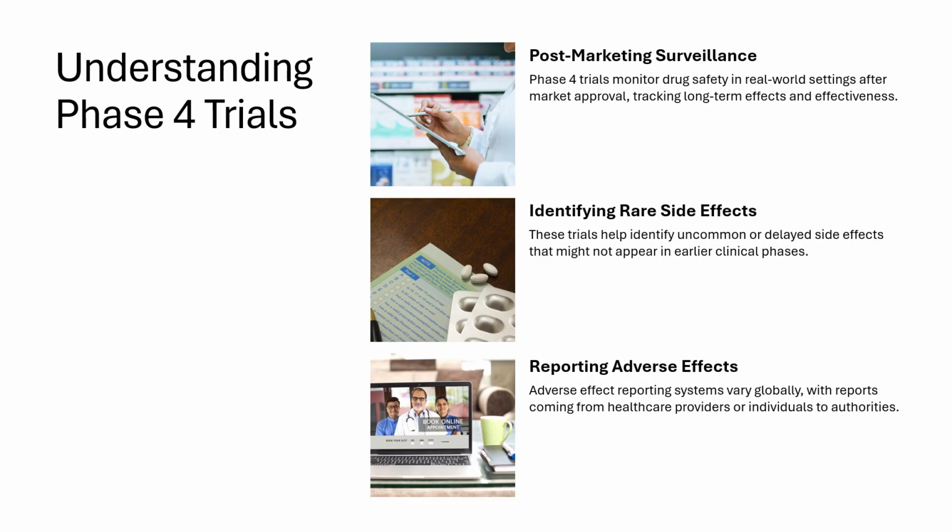In India, the Pharmacovigilance Program of India, the PVPI, serves this function. These systems are critical because they allow real-world users, both professionals and the public, to participate in drug safety surveillance. Reports are reviewed by national authorities who can issue safety communications or investigate further.